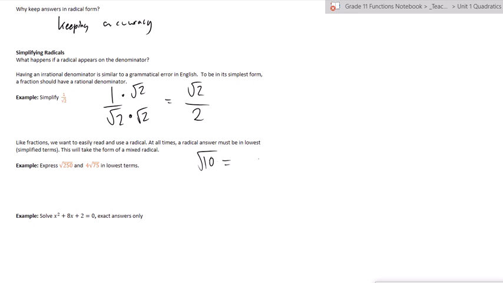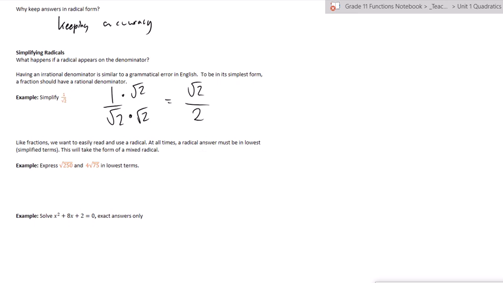Root 10 can be split up into root 2 times root 5. You can break up the radicand into its factors. But we wouldn't do this because root 2 and root 5 themselves are not perfect squares. So we'd keep this as root 10. It's in its lowest term.